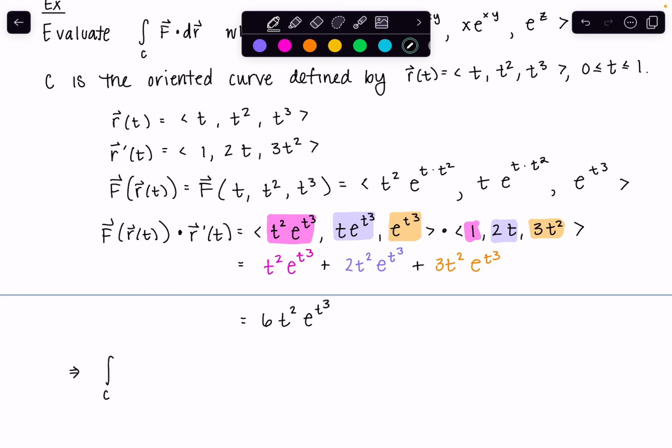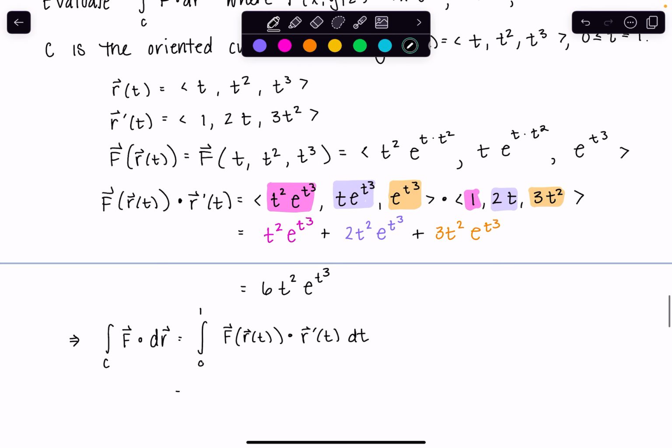So this is going to be what we integrate over. The line integral of F dot dr is just the integral from 0 to 1 of our vector field along our curve, dot product with r prime of t, dt. So we're really integrating from 0 to 1 of 6t squared e to the t cubed dt.